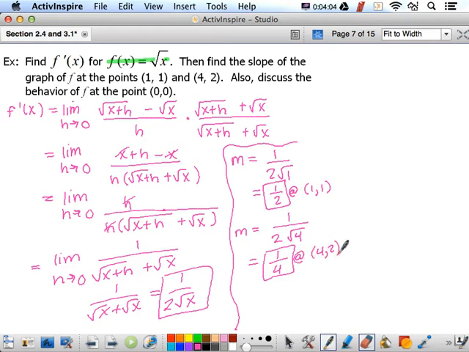So let's look at the graph. If we graph the square root of x, most of you should remember that it looks like this. It starts at (0, 0), goes through the point (1, 1), and goes through the point (4, 2). Something like that. Make sense? Okay, so if we imagine the line that is tangent, and remember that tangent lines have nothing to do with trig, they're a geometric concept, it just means the line that barely brushes the point and only touches the graph at that single point.